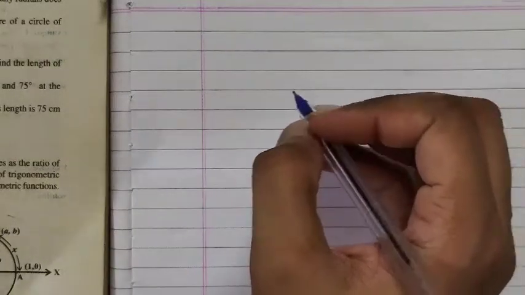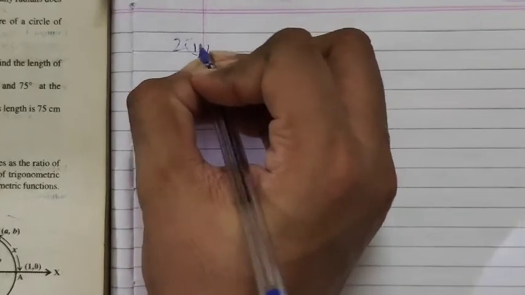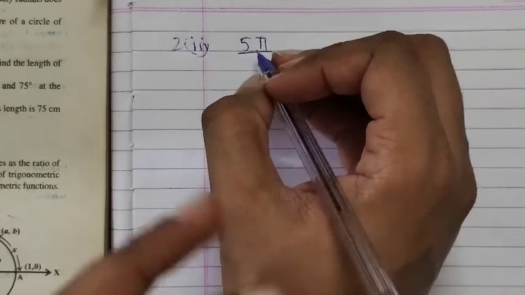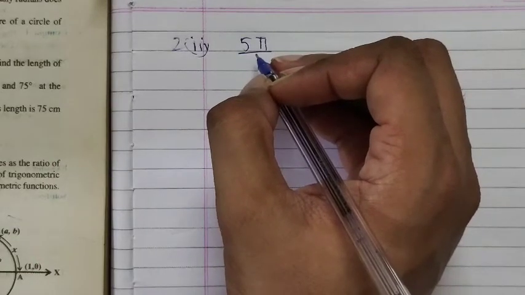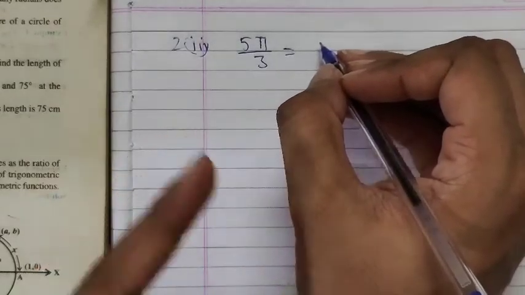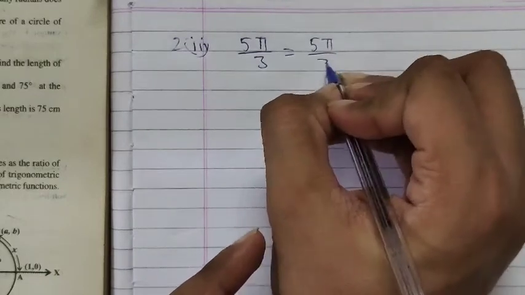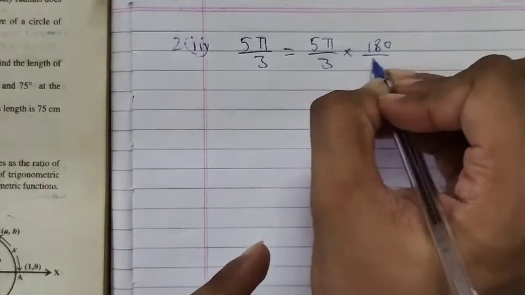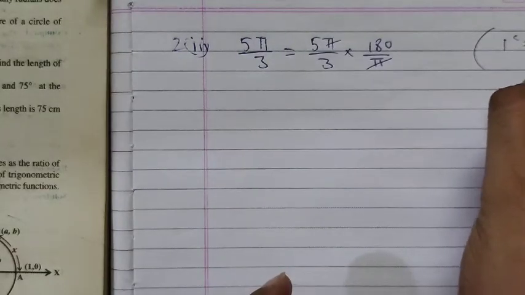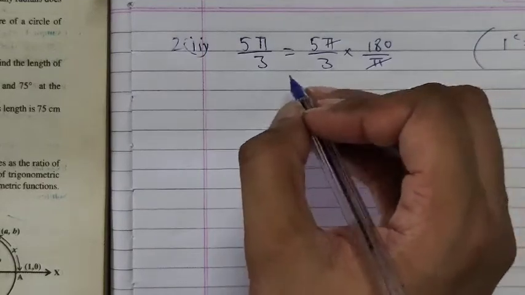Okay, so the next part is question number two, third part. We have to convert these radian measures into degrees. Again, 1 radian is equal to 180 upon pi degrees. So 5 pi upon 3 multiplied by 180 upon pi. Pi and pi get cancelled.